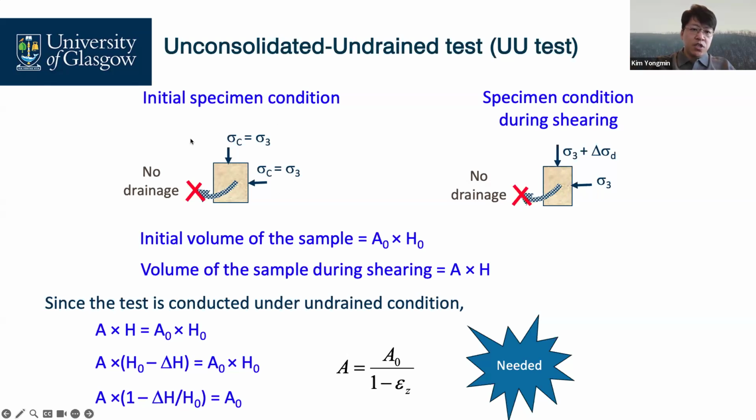In the initial conditions and the shearing conditions, we close all the valves. So the initial volume of the sample is area times height, and during the shearing the soil volume is also area times height. They are all the same.